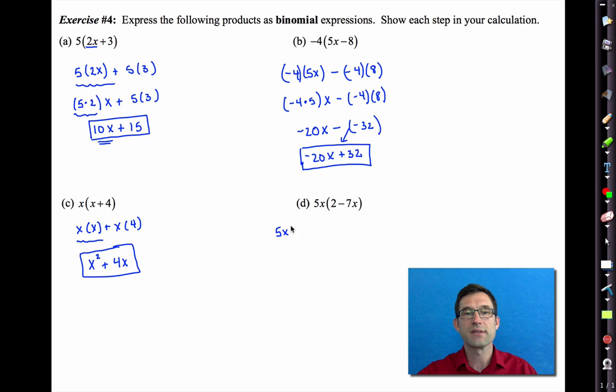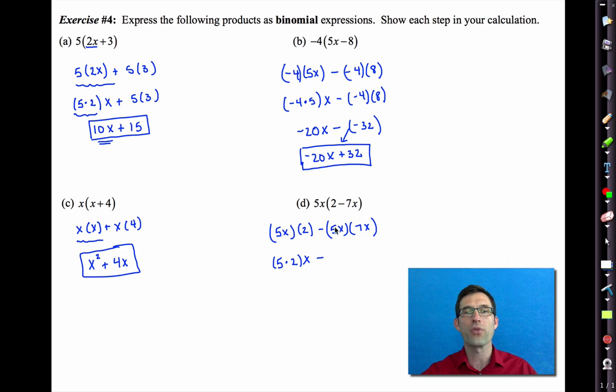We'll have 5x times 2 minus 5x times 7x. All right, watch me use the associative and commutative properties of multiplication all at once. So I'm going to put the 5 times 2 and we'll bring that multiplication by x here. Watch this. Look at all this multiplication.